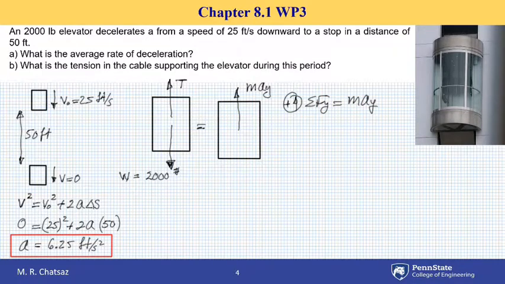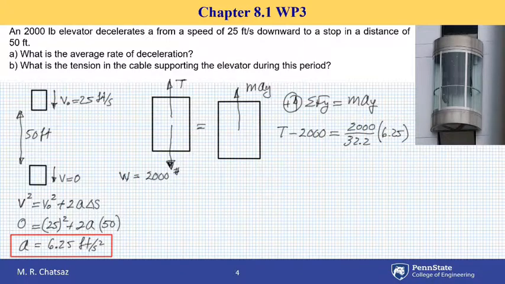In the positive y direction, I have T going up, minus 2,000 going down, equals the mass, which is weight divided by 32.2 feet per second squared, times a sub y. And a sub y was known, I just found it as 6.25, so let's plug it in.